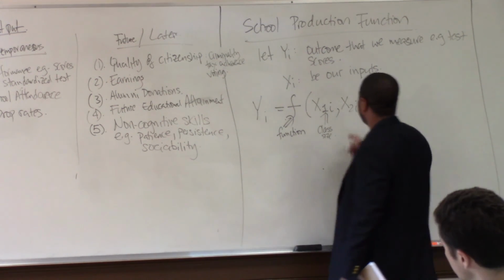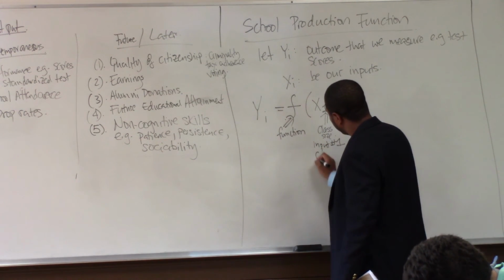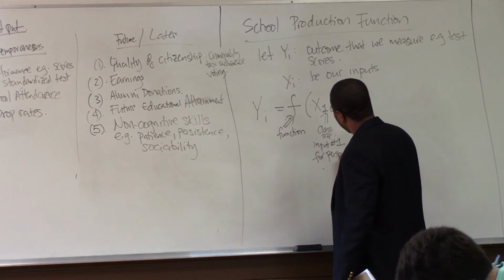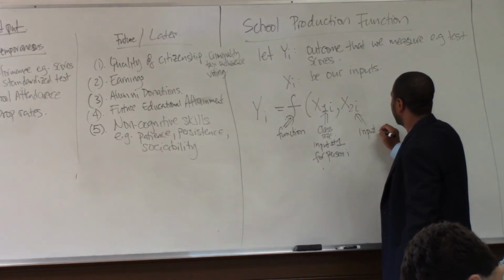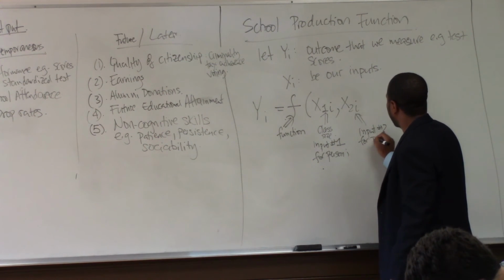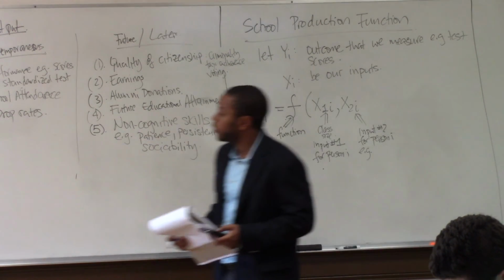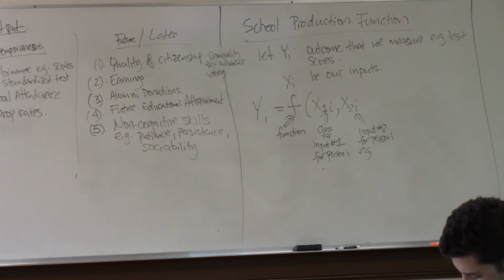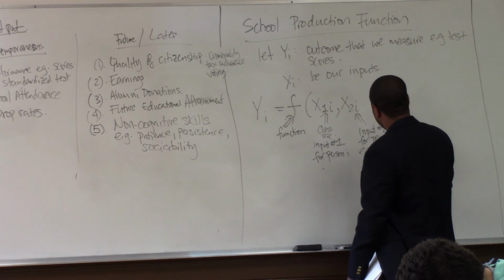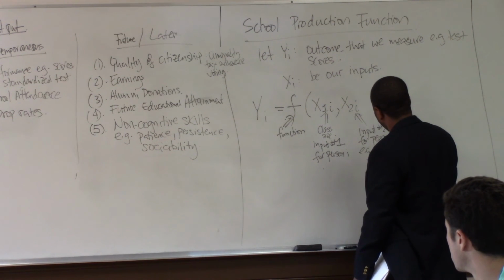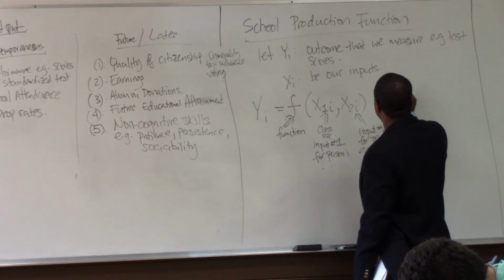And then x2i, so this is input 2 for person i. For example, I'm going to use here teacher quality. Right? And then we can add in this epsilon i.